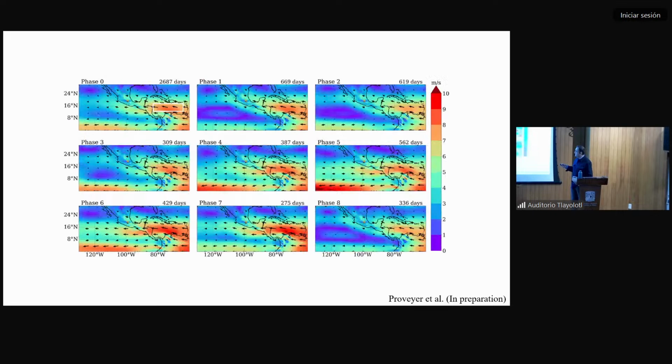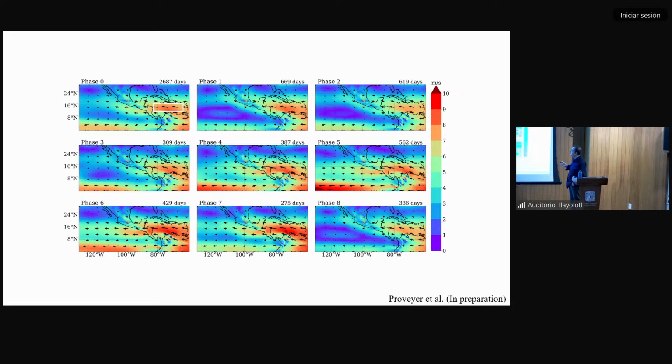This is related to moisture fluxes, particularly in the Caribbean region. We have here a Caribbean low-level jet that brings a lot of moisture into Central and North America, but the MJO modulates the direction and the intensity of this flux.